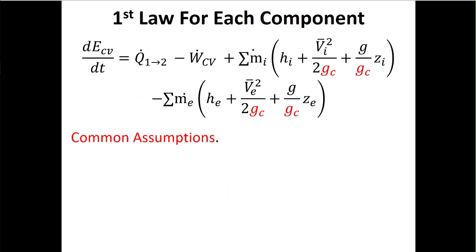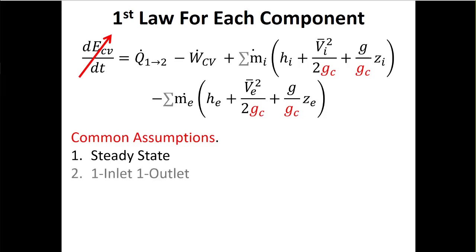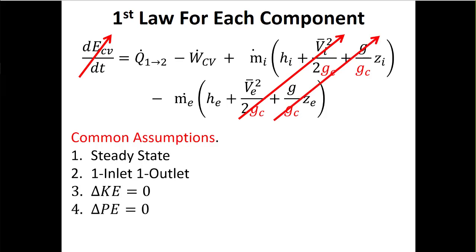So how are we going to go through and do our first law analyses for this cycle? All of our components are going to be at steady state. All of them are one inlet and one outlet, so it's not like Rankine regeneration. We're going to neglect kinetic energy changes, so it's not like a turbojet. We're going to neglect potential energy changes like we've done in all of the cycles.